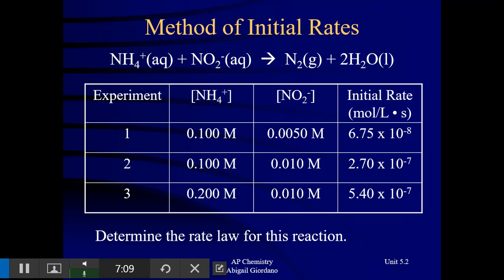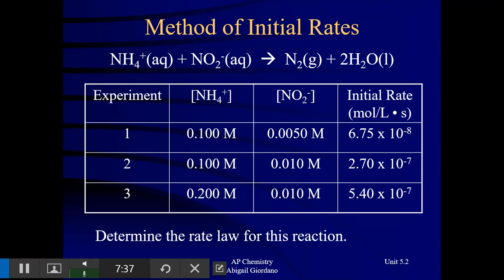Let me come back to the problem. What you want to do is compare 2 experiments where the reactant you're focused on, in this case ammonium, has its molarity changing, but the other reactant or reactants, if there were more than 2, remain constant. So let me say that again.